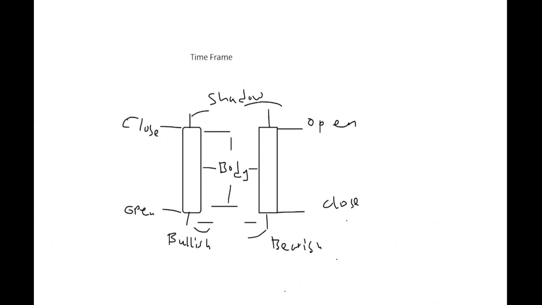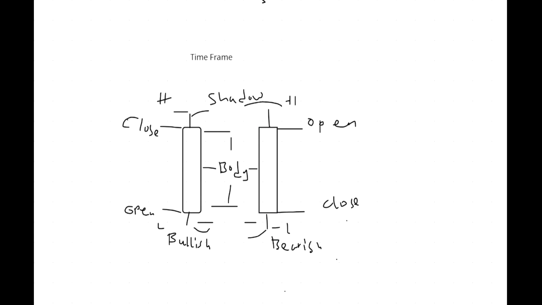Now, on the buy or sell, we have the highest price it went to and the lowest price it went to. If you are considering a buy candlestick, the distance between the close and the high gives you the wick or the shadow.